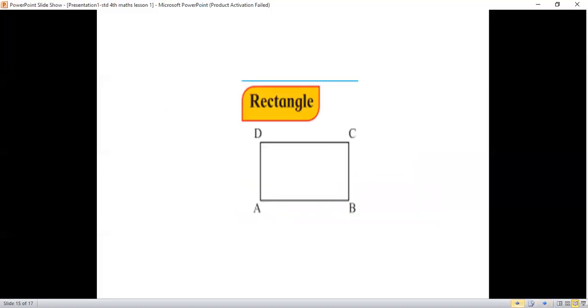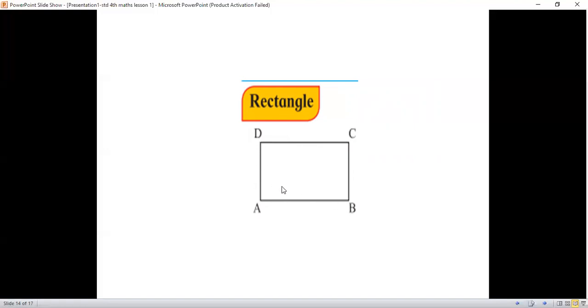The next is rectangle. Now what is a rectangle? A rectangle is a figure in which all four sides are not equal. The opposite sides are equal, that is DC and AB are equal.